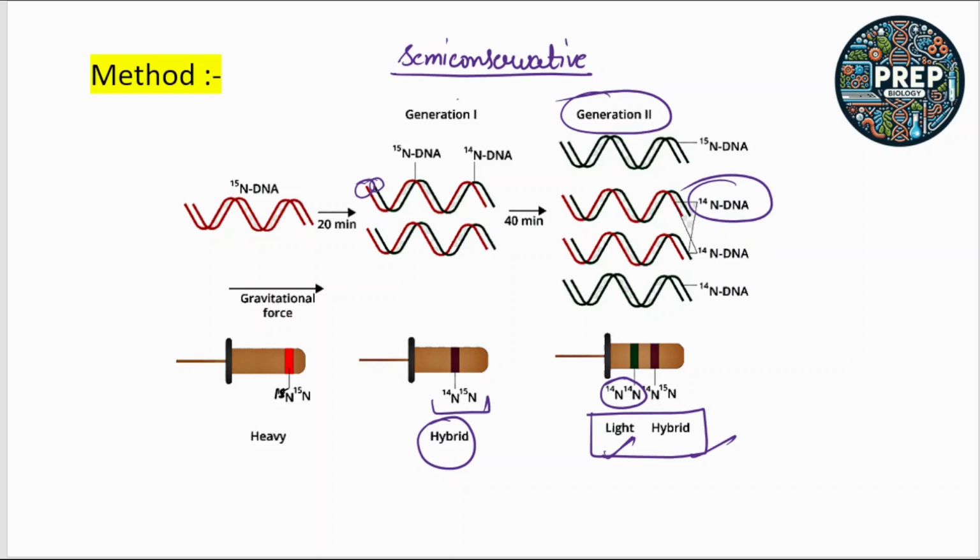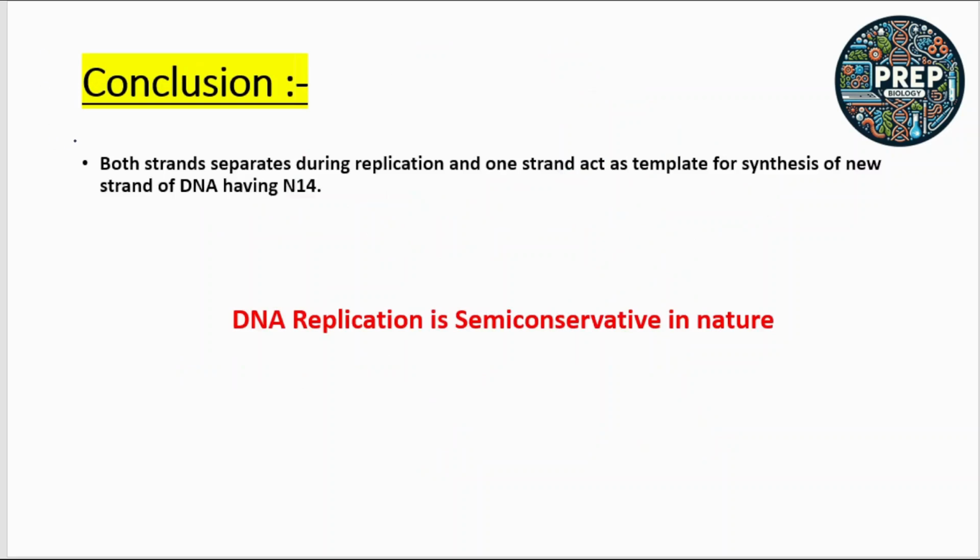So what is the conclusion of this experiment? In the succeeding generations, the DNA extract was found to have a lower proportion of N15 and a higher proportion of N14. Is it clear to you all?